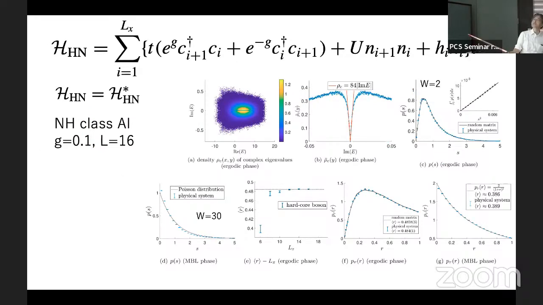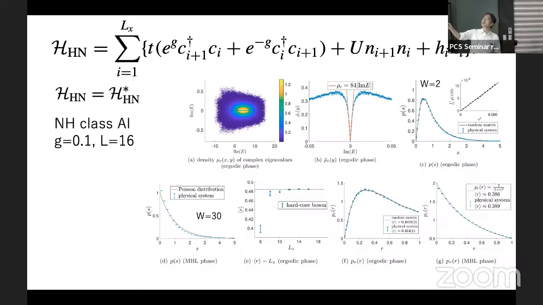And this is a Bose Hubbard model with Hatano-Nelson type asymmetric hopping, which shows the soft gap expected from the random matrix model. Also, the number of real eigenvalues.